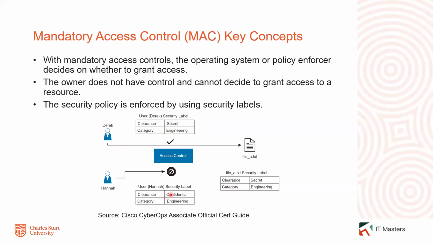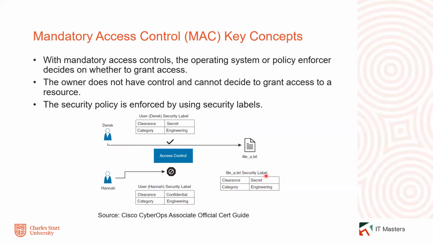Hannah, on the other hand, has a clearance level of confidential, but is also in the engineering category. Both have to match before access is granted. Because the clearance levels are different, Hannah doesn't have any access to it. Now, however, that sounds all fine and dandy.